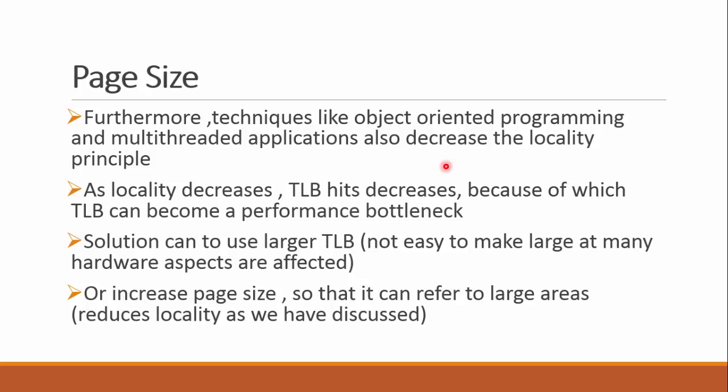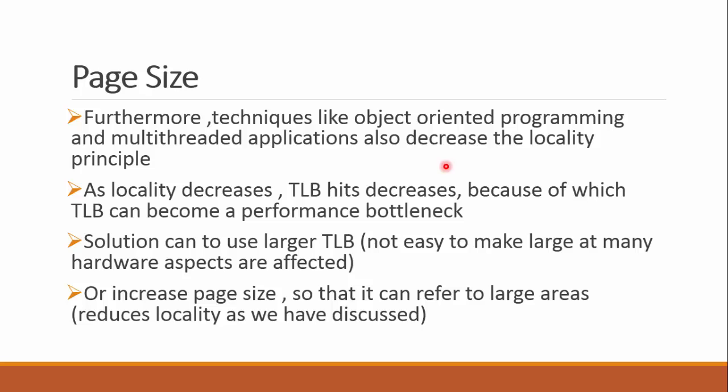So if the locality decreases, the TLB hits decrease. Because TLB was keeping track of the recent things, and if we are referring to various different parts of the process, there won't be a recent relationship between any of them, so the TLB won't be able to provide much help to our process.